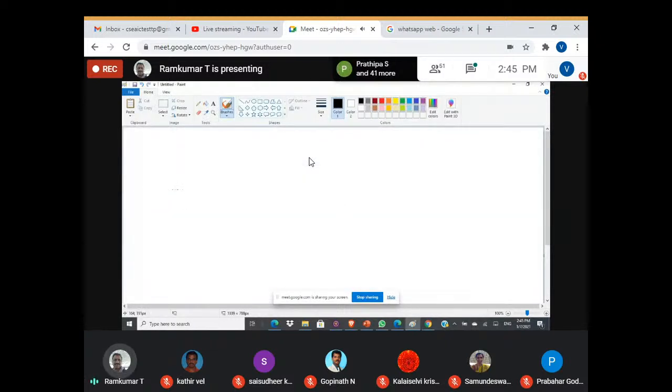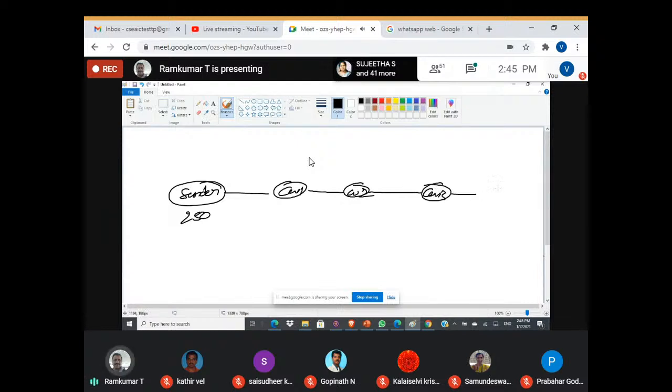Suppose you are the sender, and you have 250 gas as usual. Now you have to complete three computations to complete your work. This is computation 1, this is computation 2, this is computation 3, then end of transaction. Think like that.